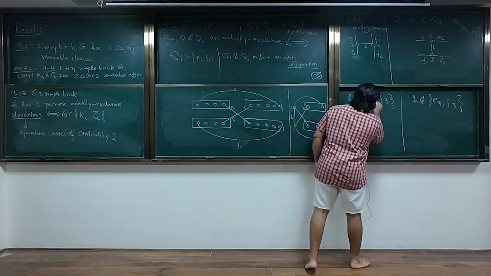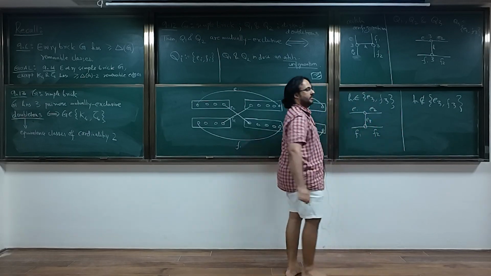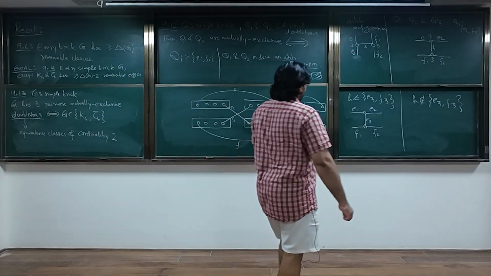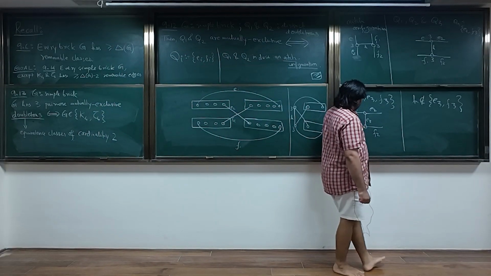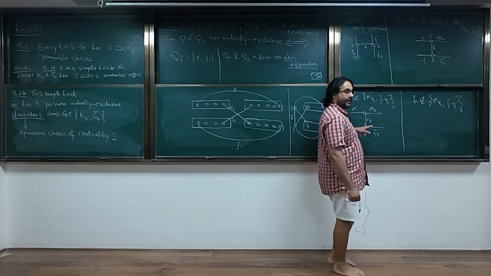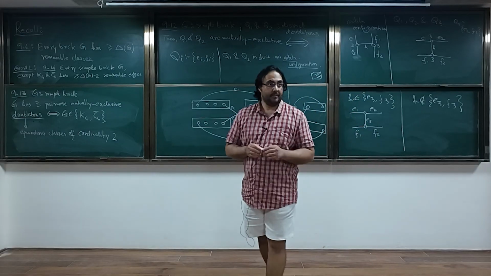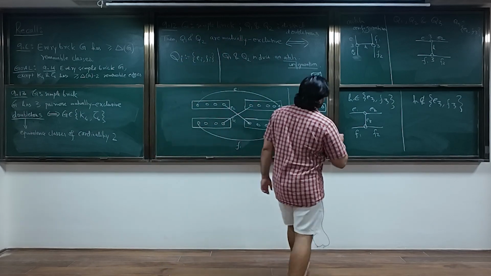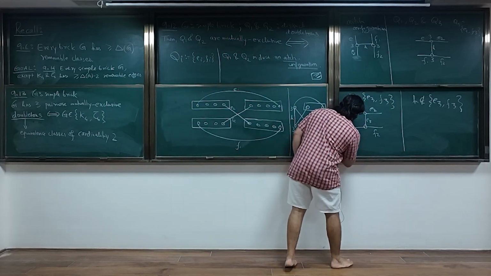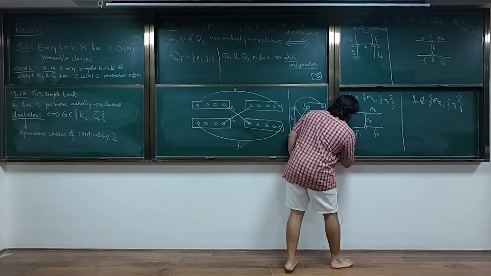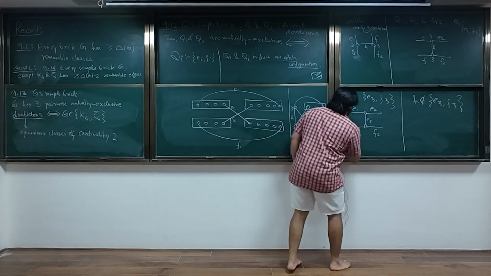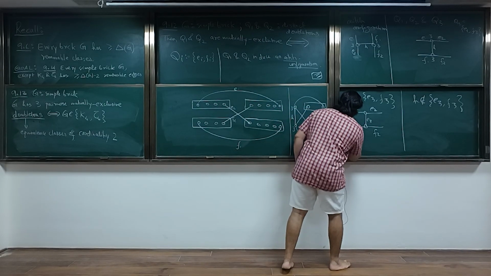If H is here, then this is either E3 or F3. So let me put it as E3. Now E1 has a common end with E3. Therefore, F1 better have a common end with F3. They better form the H configuration. So that means that F3 is incident at this vertex. Maybe I'll just put a vertex. F3 is actually incident here.